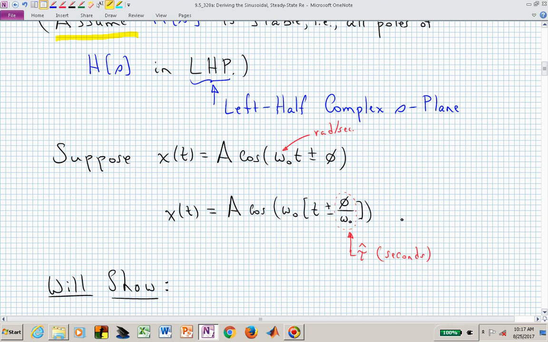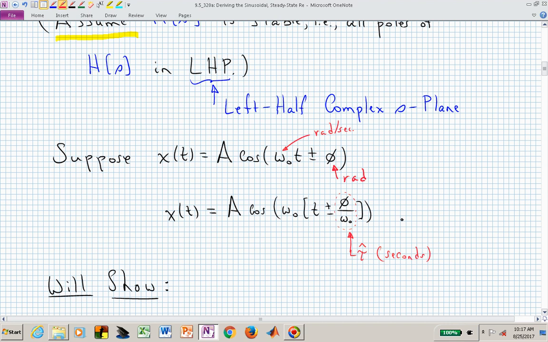And we can write that then as an amplitude of A cosine of omega naught t plus phi. Omega naught is in radians per second, so that when we multiply it by t, we get radians, and obviously then the phi, in this particular case, needs to have units of radians. We typically mix those, sometimes phi is in degrees, but if you're actually physically computing the cosine of that argument, you need to make sure that you're consistent with whatever omega naught t is producing and what phi is.